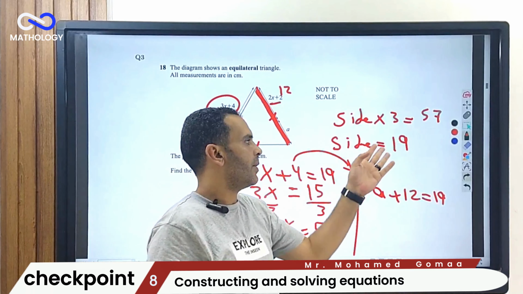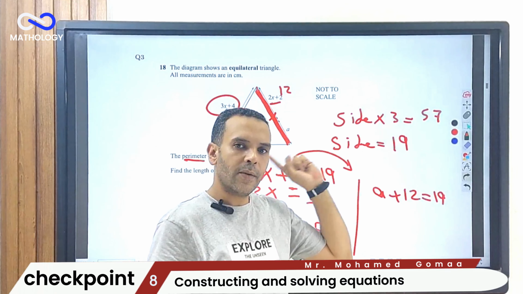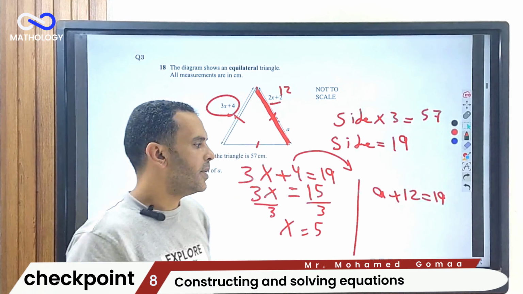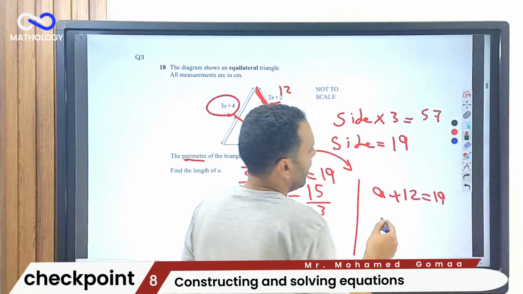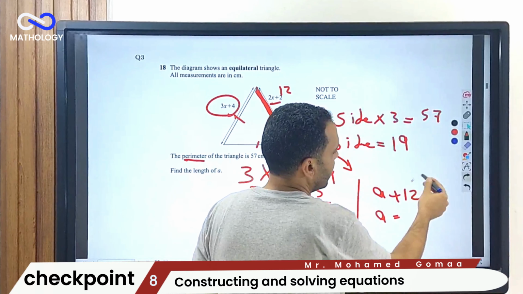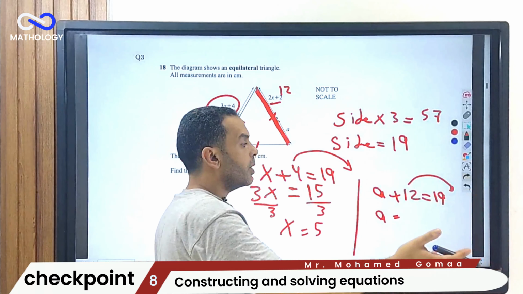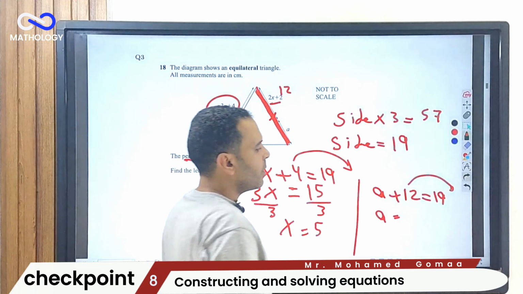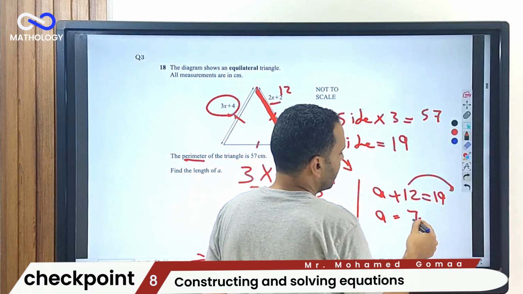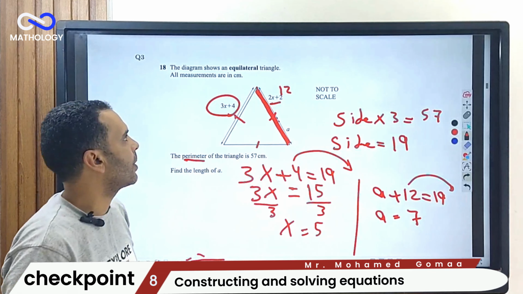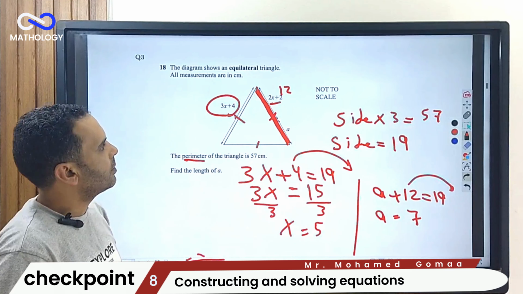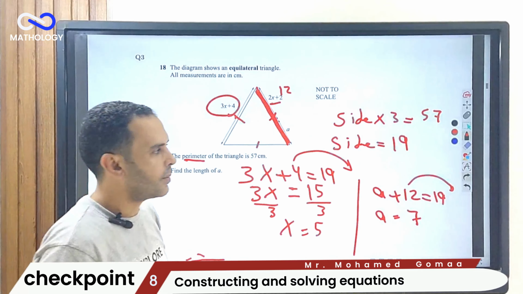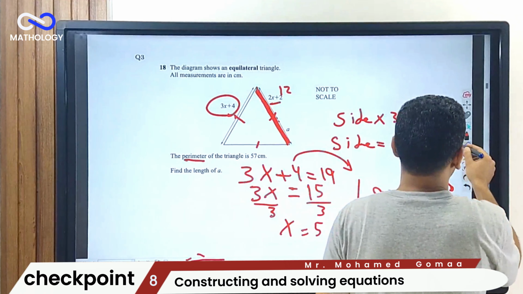When we divide by 3, each side in this equilateral triangle equals 19. So a equals 19 minus 12, transpose positive 12 to the other side with negative 12. It will be 19 minus 12, which equals a. That's an important question. Another one.